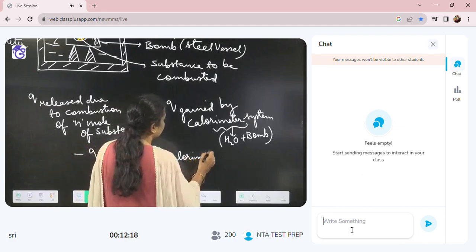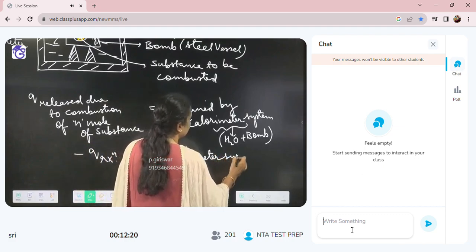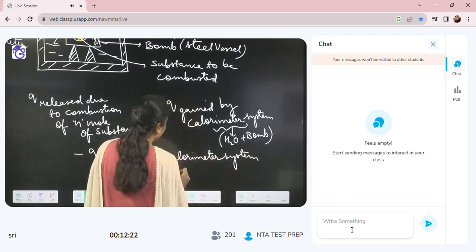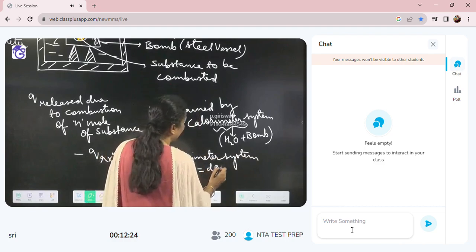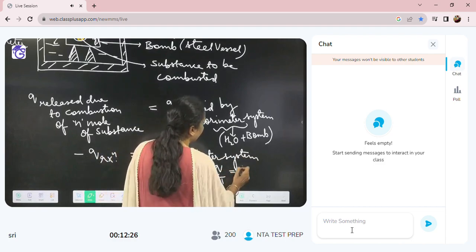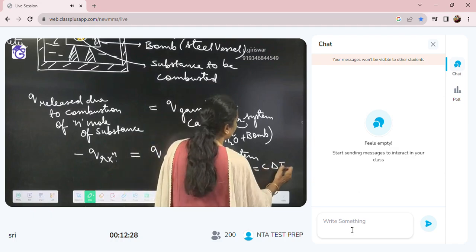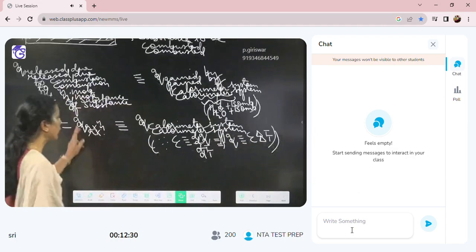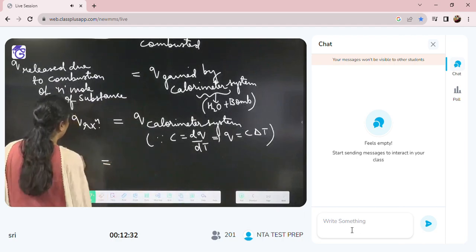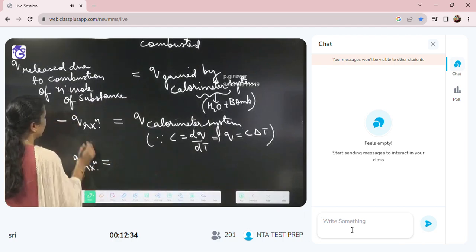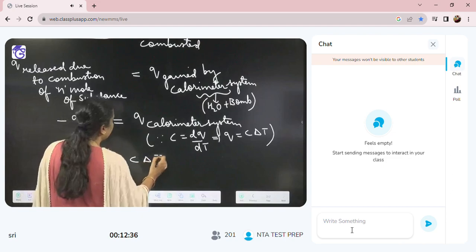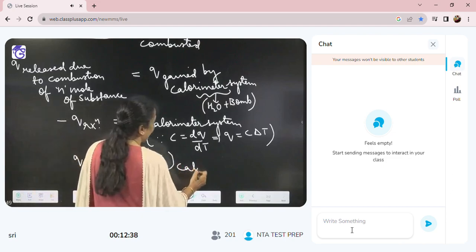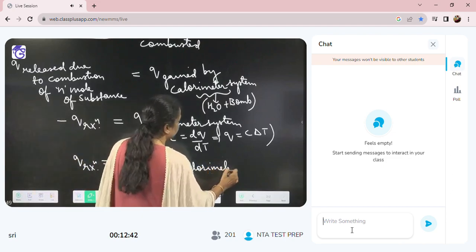Do you recall that we have written heat capacity as dq upon dT, and from there I could write q equals C delta T. So in place of q calorimeter system, I am going to write minus q reaction equals C delta T for the calorimeter system.